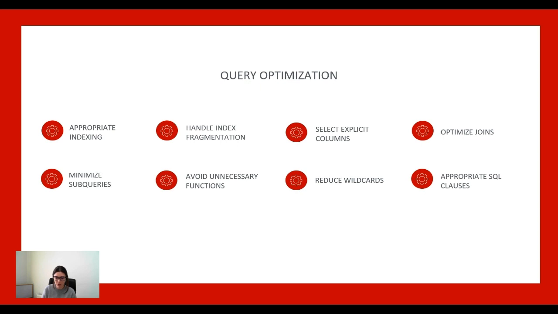Then we avoid unnecessary functions, and some functions can be replaced and optimized. Then we reduce wildcards because wildcards can end up scanning the entire tables. And lastly, we use appropriate SQL clauses. For example, when retrieving large amounts of data, we should avoid using SQL DISTINCT.